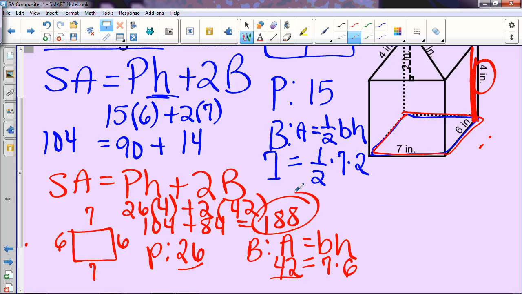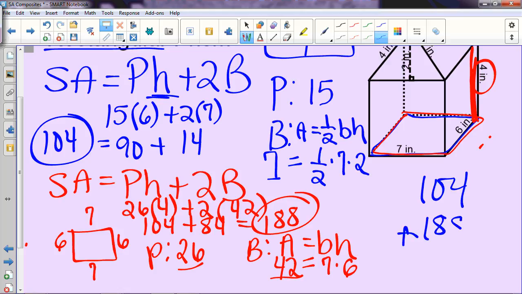So I now found the surface area of my rectangular prism, and before I found the surface area of my triangular prism. So now what we need to do is combine those two together before our final step. So 104 plus 188 will be our surface area of both figures combined.